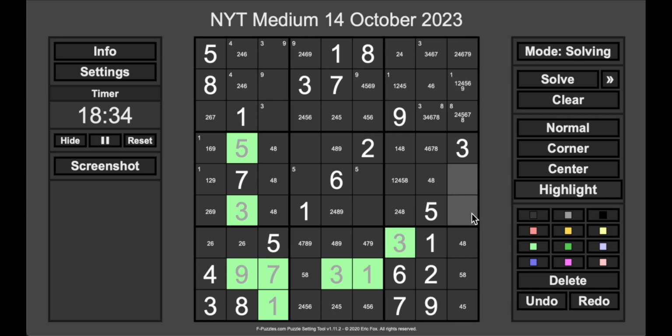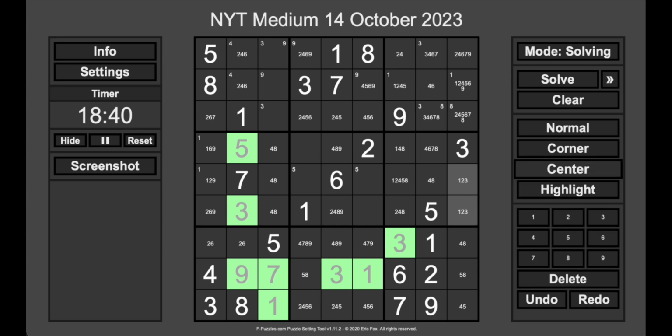Let's see. These cells are not 3 or 5. And then this one gets rid of 6 and 7. And this one gets rid of 1.